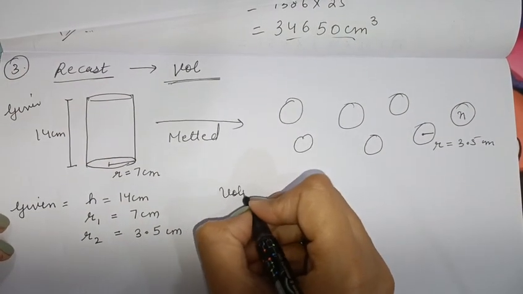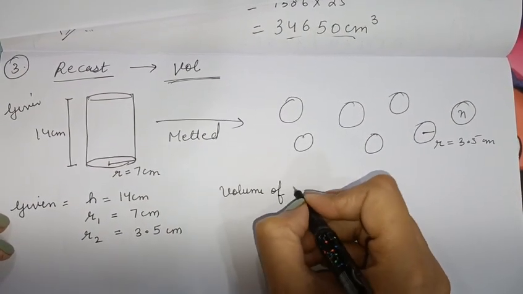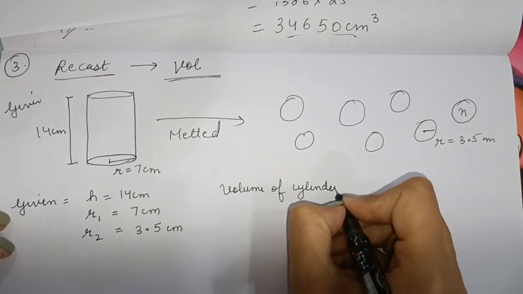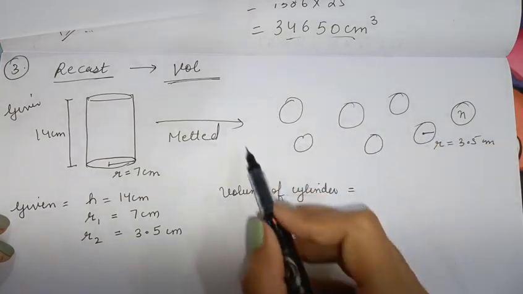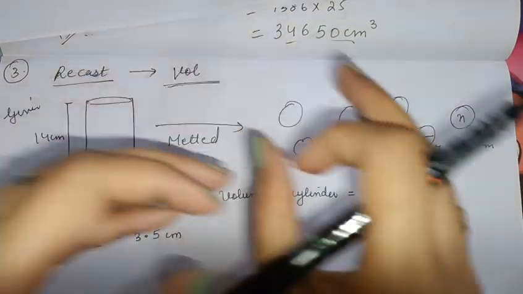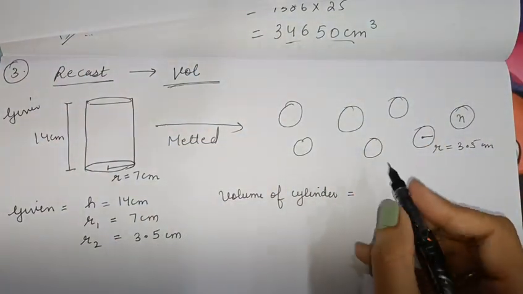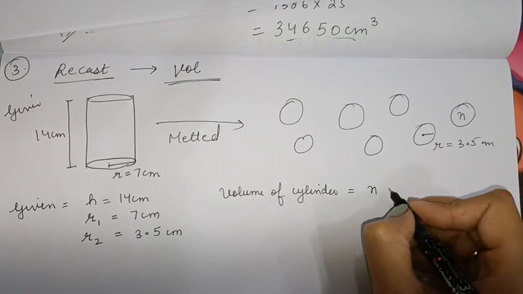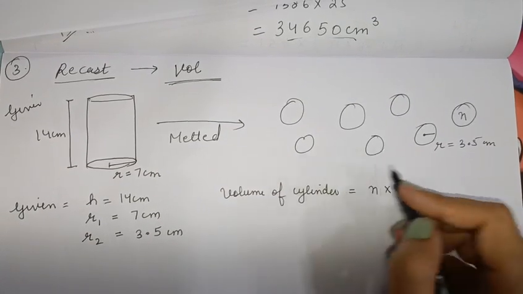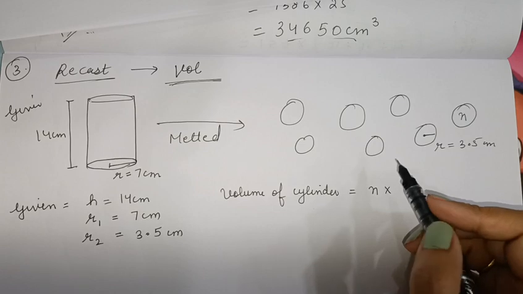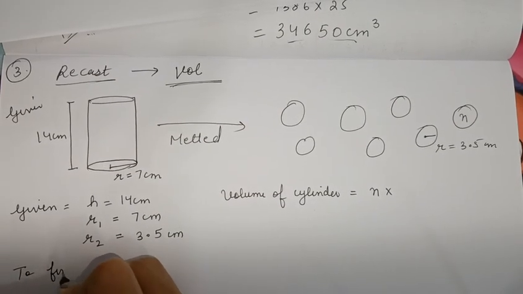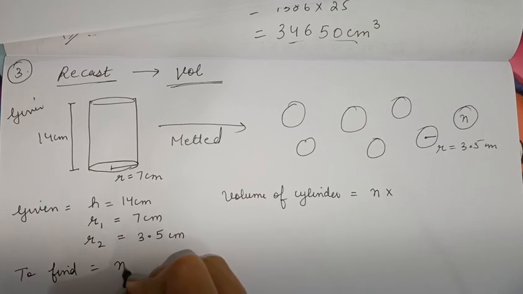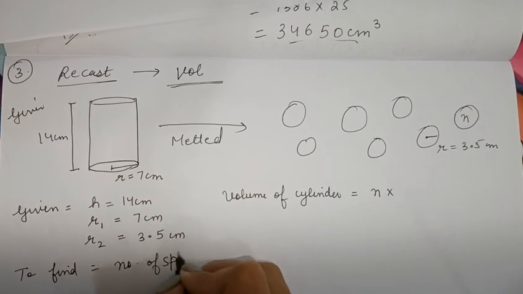So volume of cylinder is equal to this total volume. This is equal to this volume. So this volume we can write as n into, because as of now we don't know how many spheres are formed. Here we have to find the number of spheres in this question.